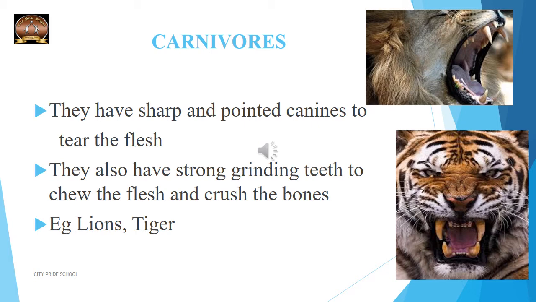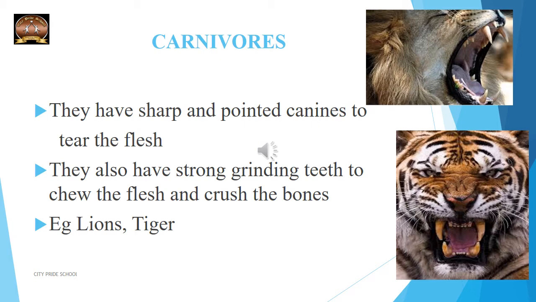Now if we speak about carnivores, carnivores are those animals which feed upon the flesh of other animals. Basically they are the predators. They hunt other animals and feed upon them.